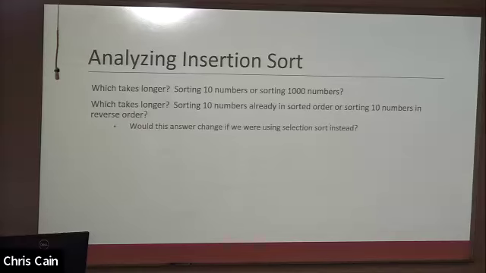What if we used selection sort instead of insertion sort? So I guess first, what is the difference? How does selection sort work? Yeah, we're going to look through every single value in the list. We're going to identify the position of the smallest number, and we're going to swap what is in position 0 with where the smallest number is.